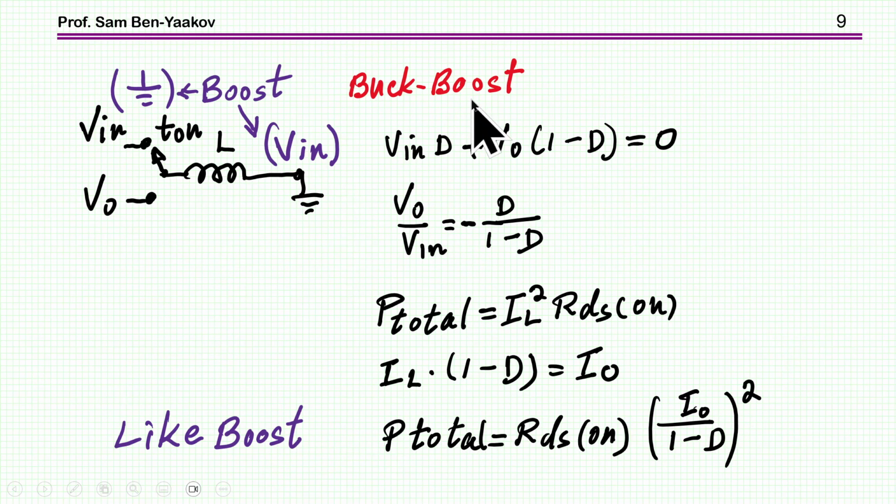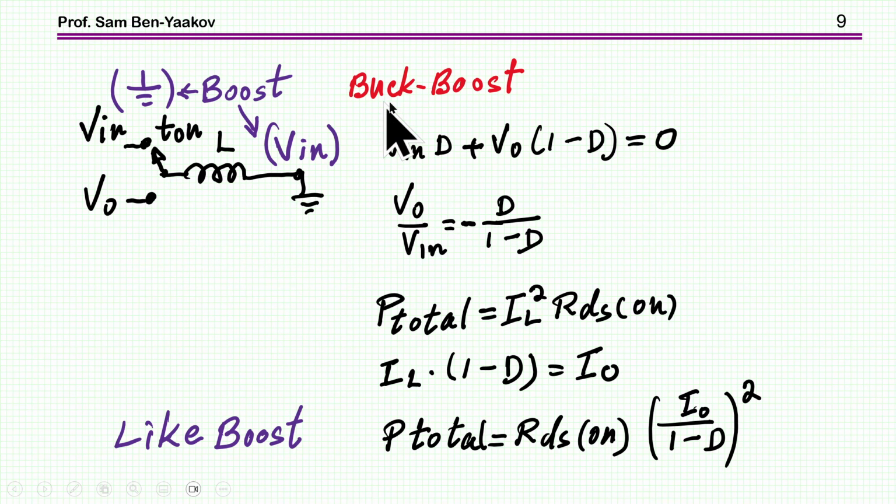Similarly, the buck boost is also different from the buck. Again, the output is not from the inductor. The inductor is here connected to ground, and then the switches are connected to the input and output.